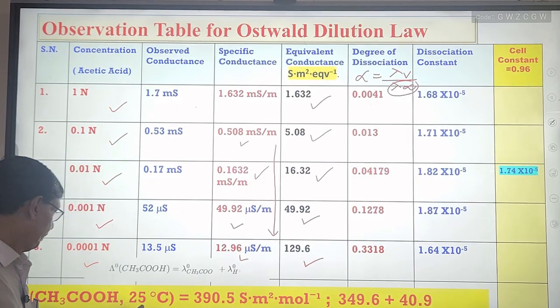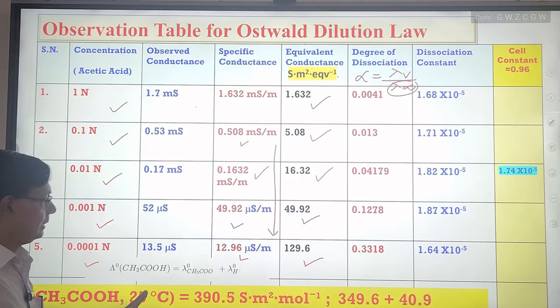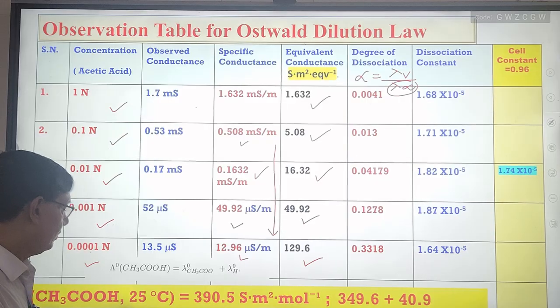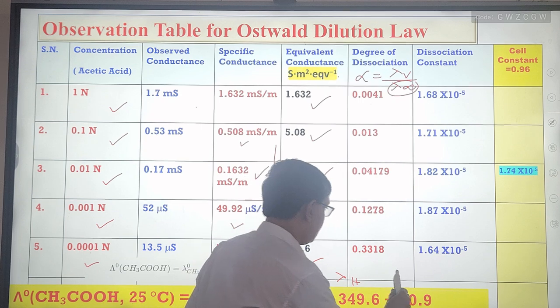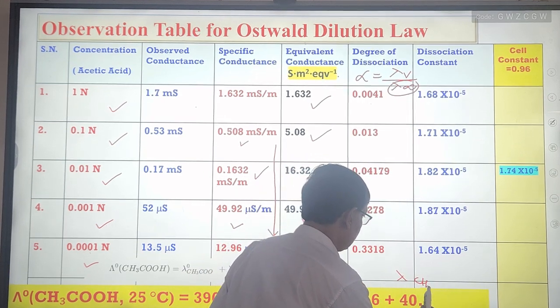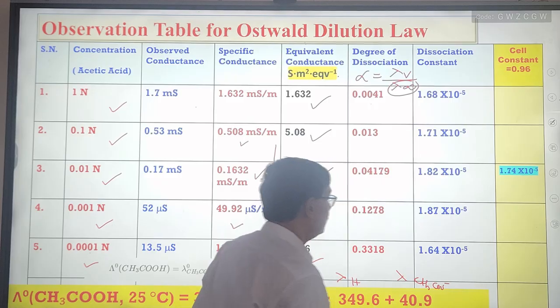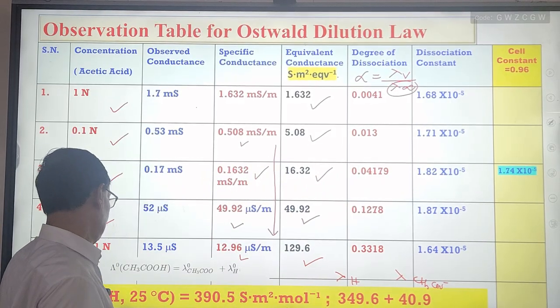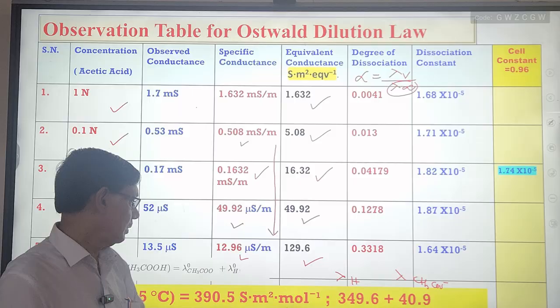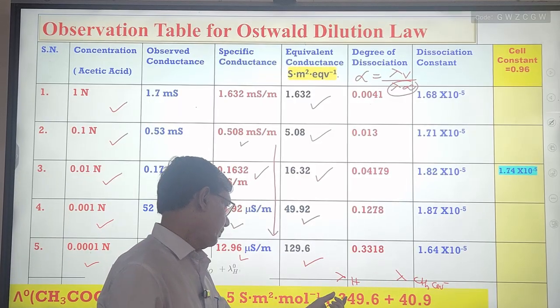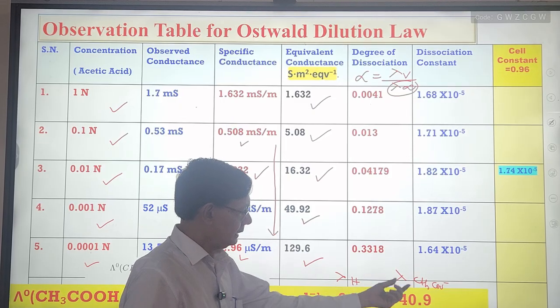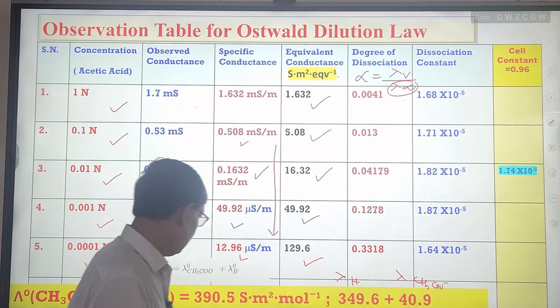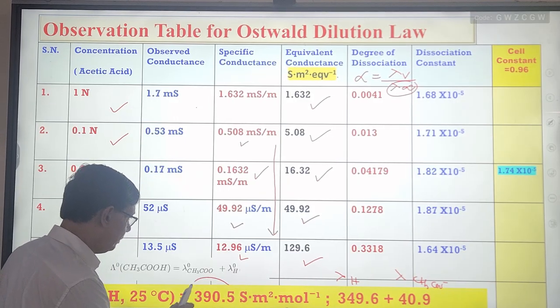Acetic acid is composed of the ionic conductance of the hydrogen ion and the ionic conductance of the acetate ion. It depends on which book you referred to, but in some standard textbooks the value of hydrogen ion is approximately 349.6, and acetate ion is 40.9. If I sum it, our value is 390.5.